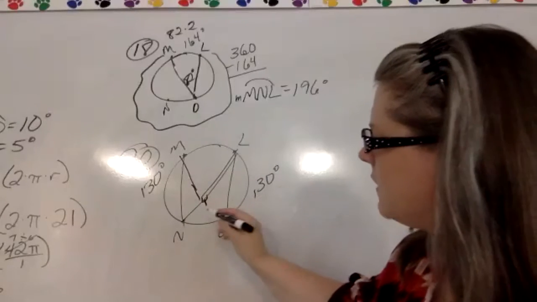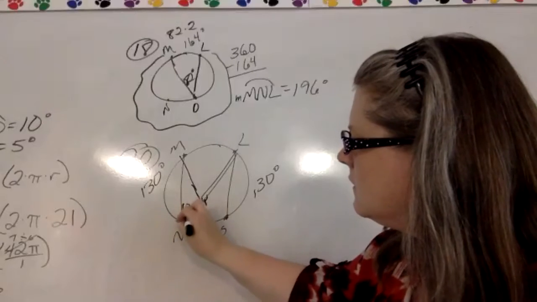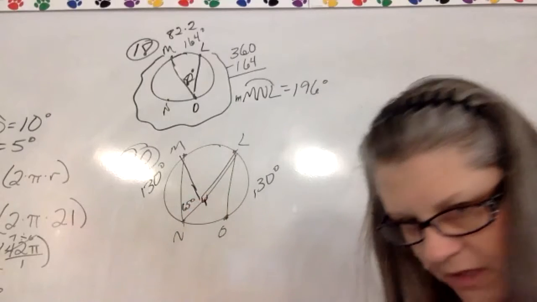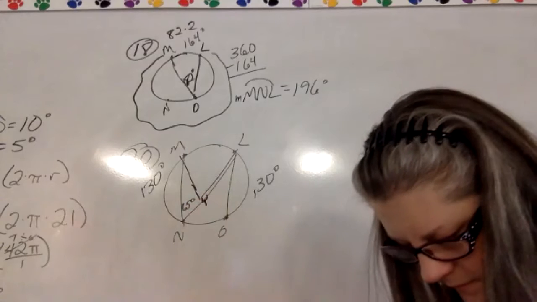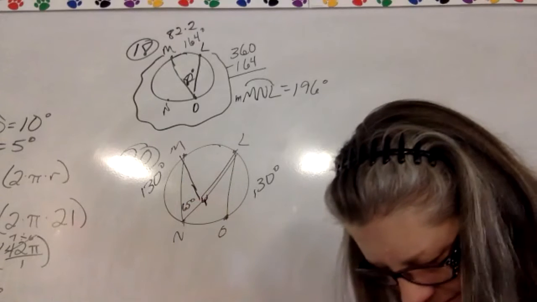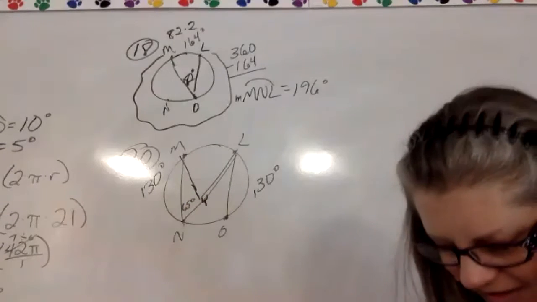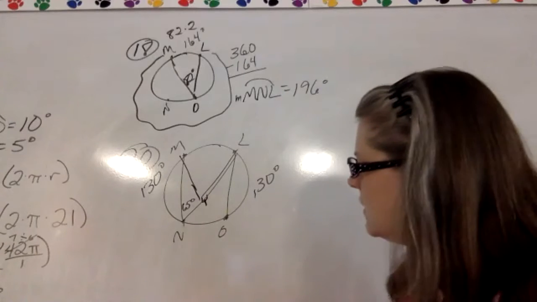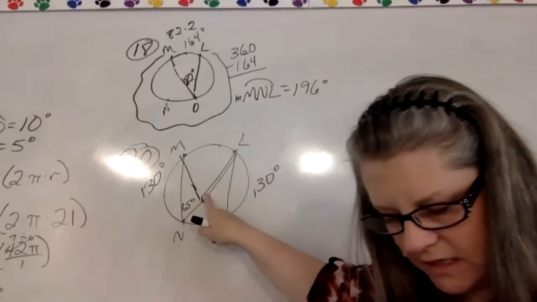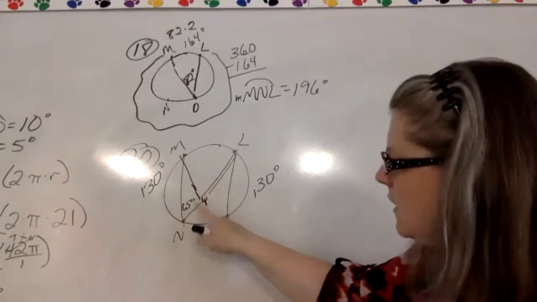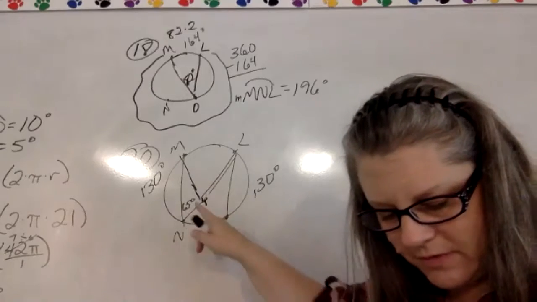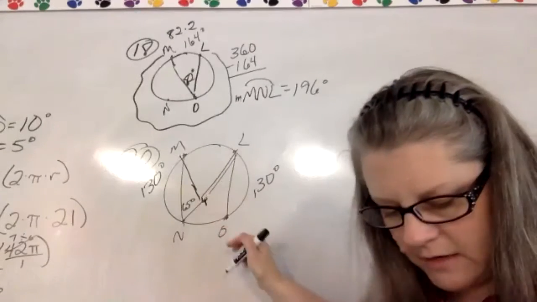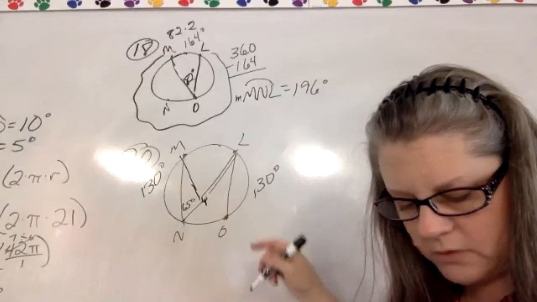What's half of 130? I wrote it on the board. Oh, 65. Half of 130 is 65. So to find this angle in here, we've got two of those because it makes a triangle. And the whole, what's a whole triangle equal to?